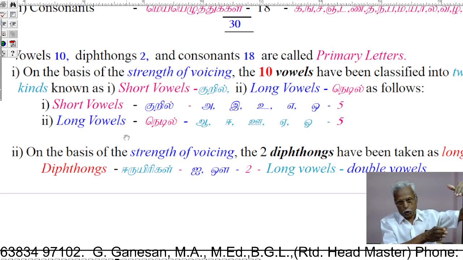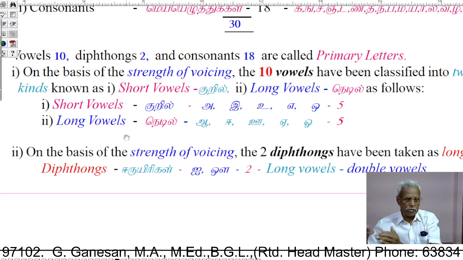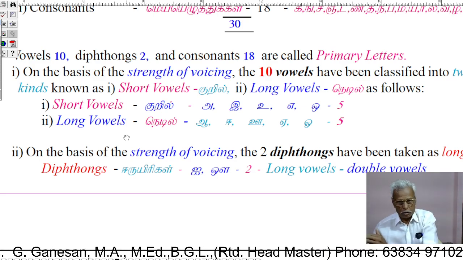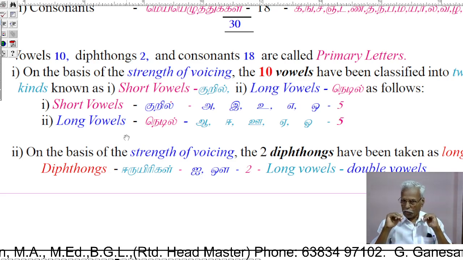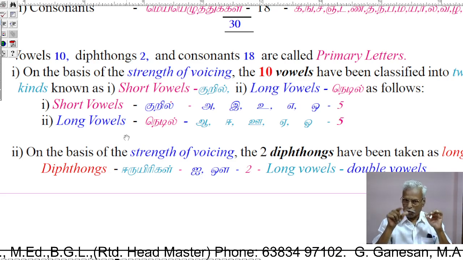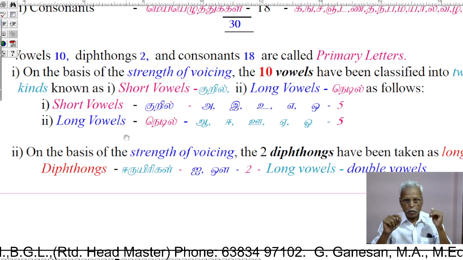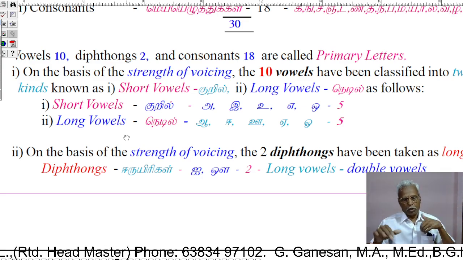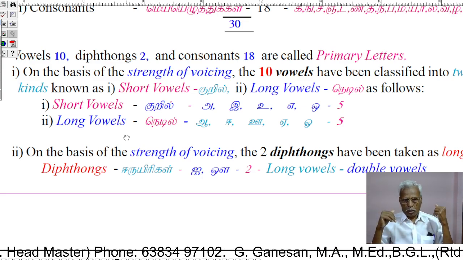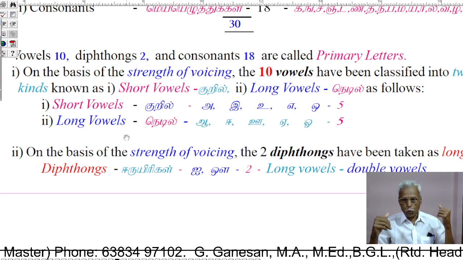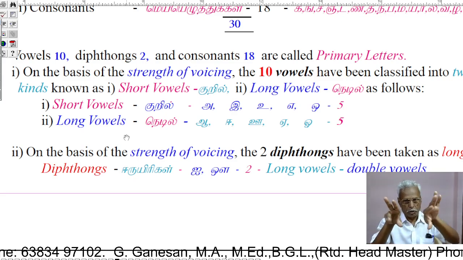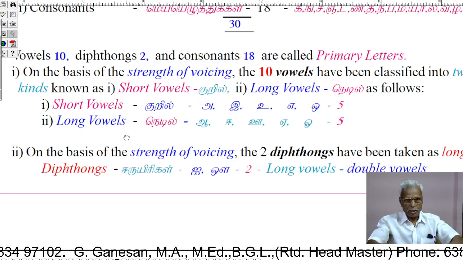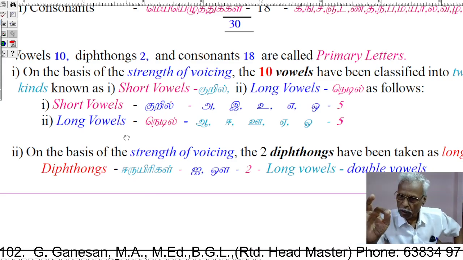One is short, kuril, another is long, that is nedil. The short vowels are a, e, u, a, o. The long vowels are a, e, u, a, o. These 10 letters have been classified into two kinds: short vowels and long vowels, kuril and nedil in Tamil.